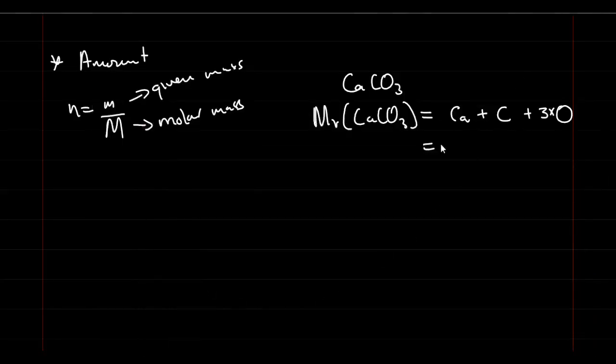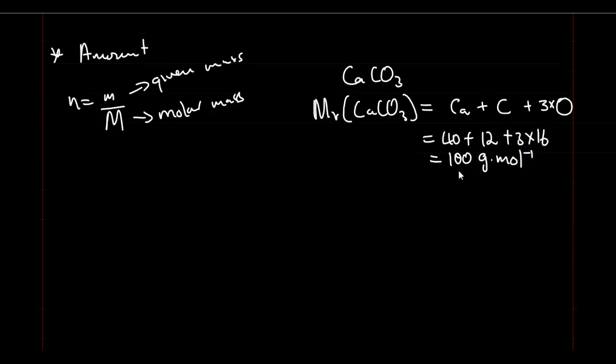So I say 40 grams per mole plus 12 grams per mole for carbon plus 3 times 16 grams per mole of oxygen. That should give me around 100. Yes, 100 grams per mole. So that is the molar mass of calcium carbonate. This is how you calculate molar mass.